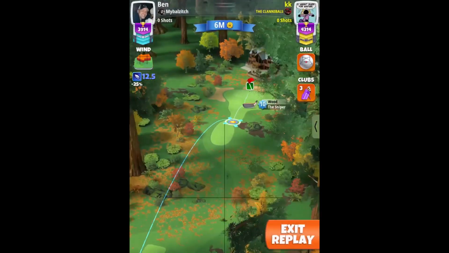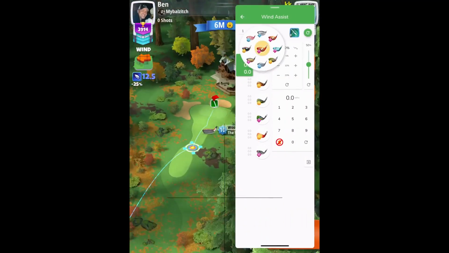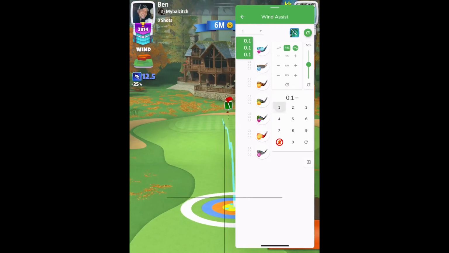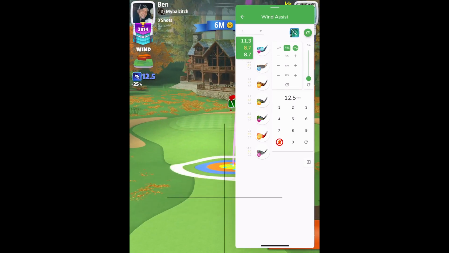Here's a pretty heavy right to left head crosswind, more crosswind than headwind. And again, setting up at the min driver position.